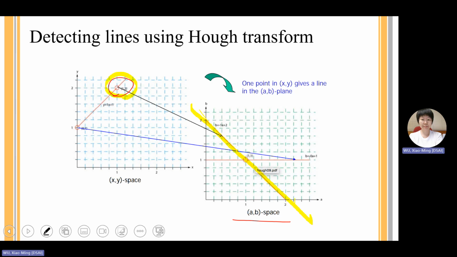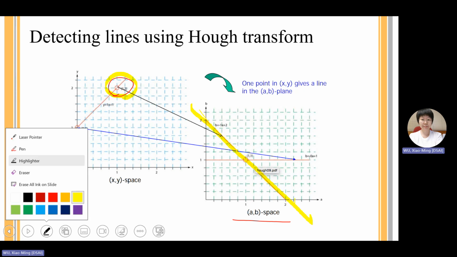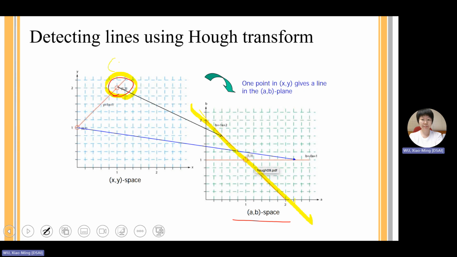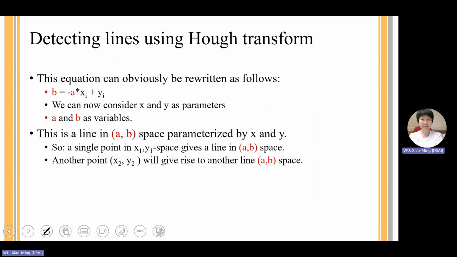This pixel, 1, 2. Initially, its coordinate in the XY space is 1, 2. But in the AB space, 1 and 2 become the slope and the intercept, because in the AB space, A and B are variables.